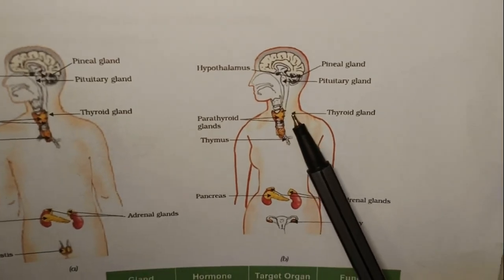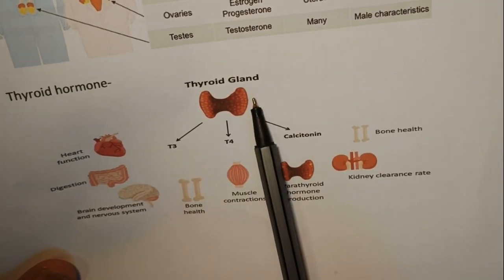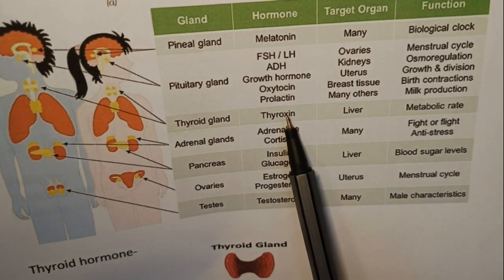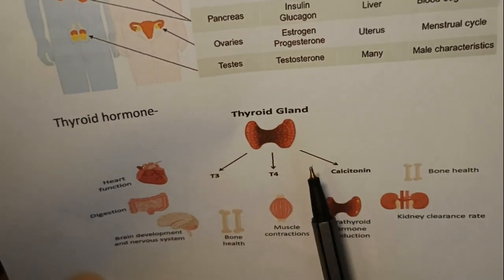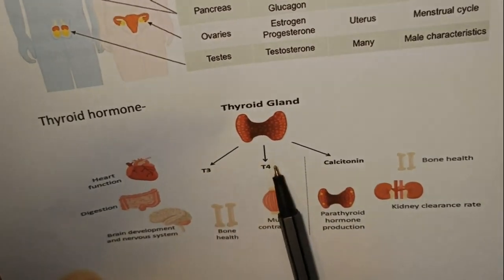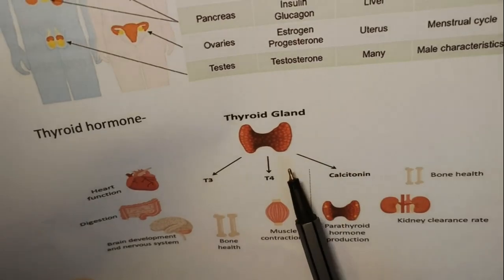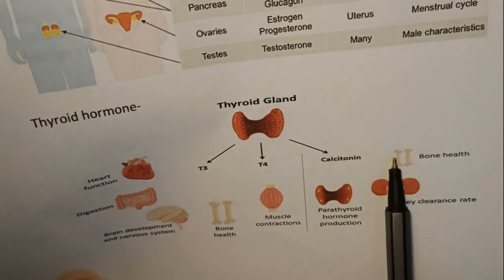Okay, thyroid gland. It has 2 lobes, right lobe, left lobe. It produces thyroxine, that is thyroid hormone. Thyroid hormone can be T3 or T4. It also produces calcitonin that has an important role in bone and kidney function.